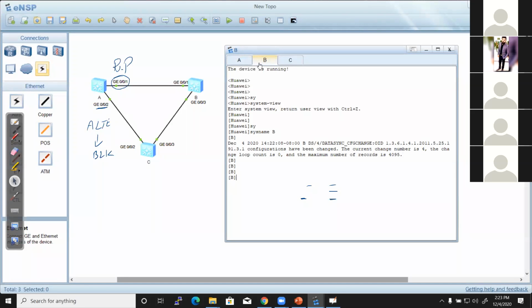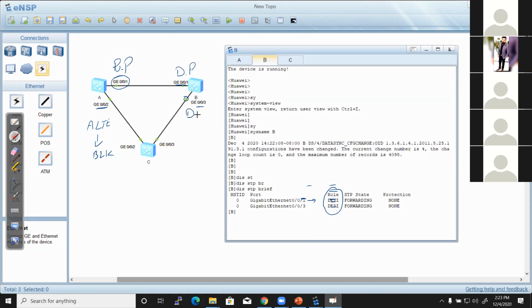And if you look at B, display stp brief, you guys can see both ports, port number 1 and port number 2, are acting as designated ports. This port has been selected as a designated port and this port also has been selected as a designated port.